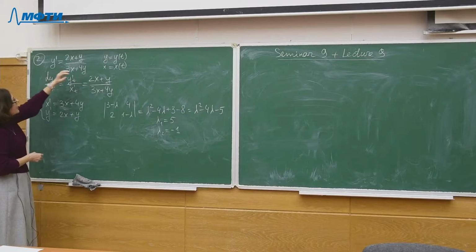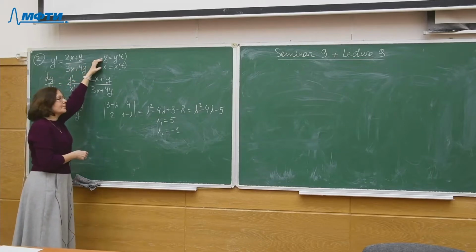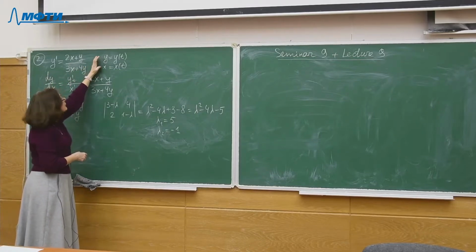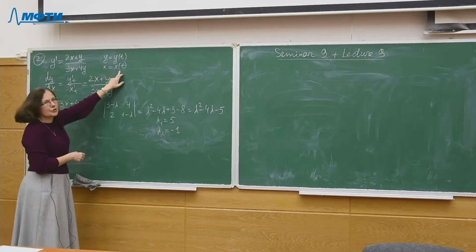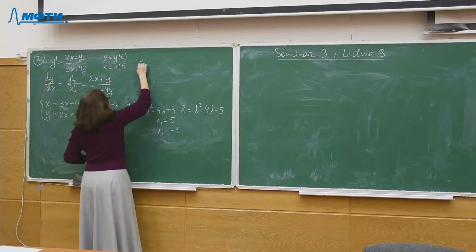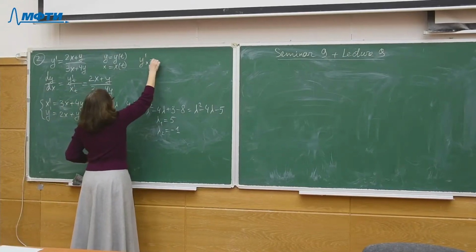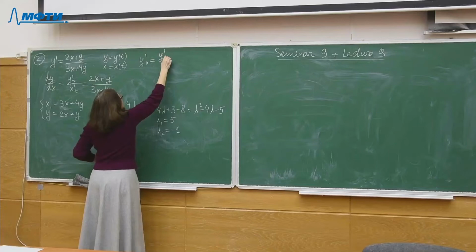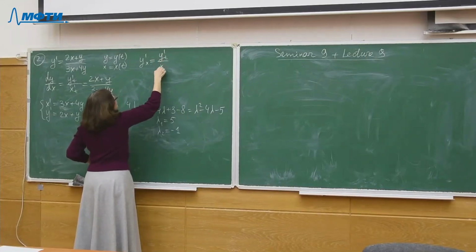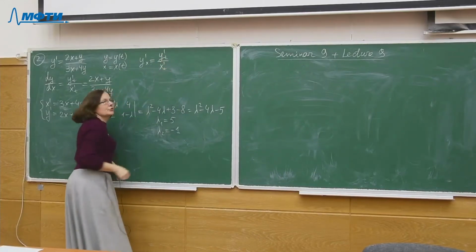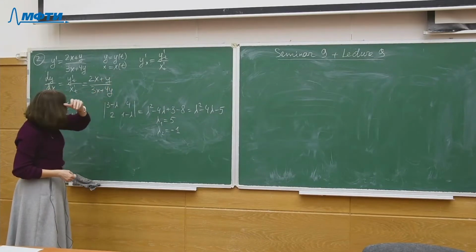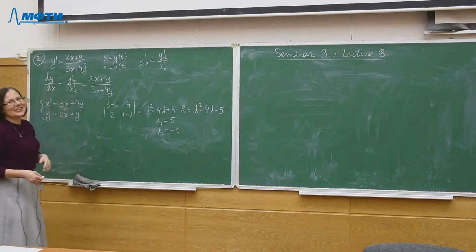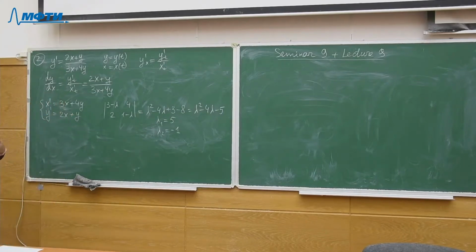If y depends on t, and x depends on t also, then the derivative of y with respect to x is equal to the ratio of the derivative of y with respect to t over the derivative of x with respect to t. This was studied in the first course, in the first semester, or maybe the second semester in your case, but I will use this.